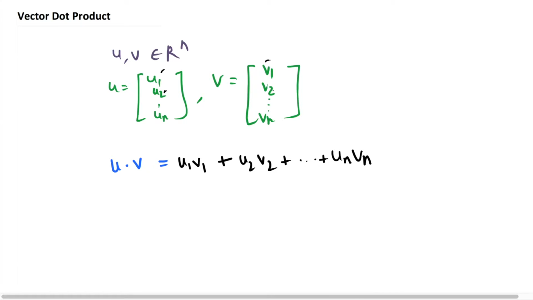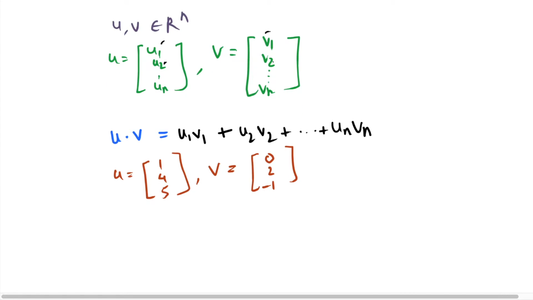Let's say u is equal to 1, 4, 5, and v is equal to 0, 2, minus 1. Then the dot product of u and v will be 1 into 0 plus 4 into 2 plus 5 into minus 1, and this will be 3.